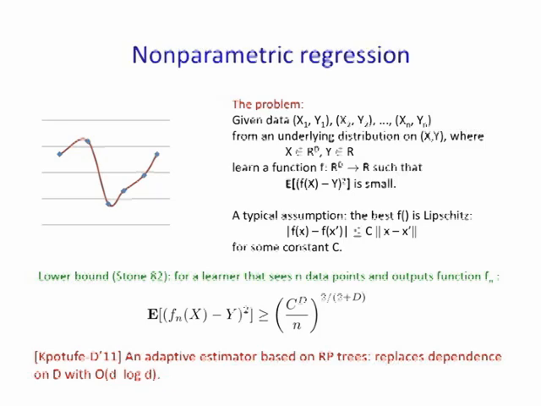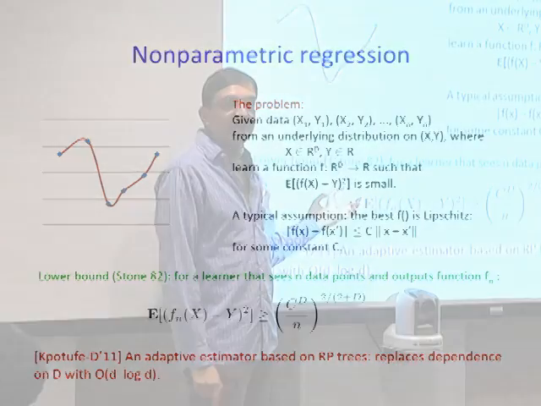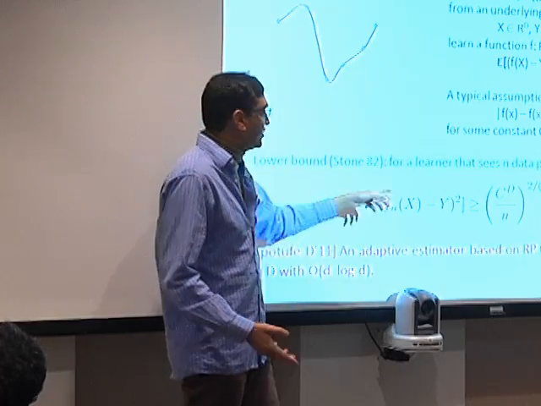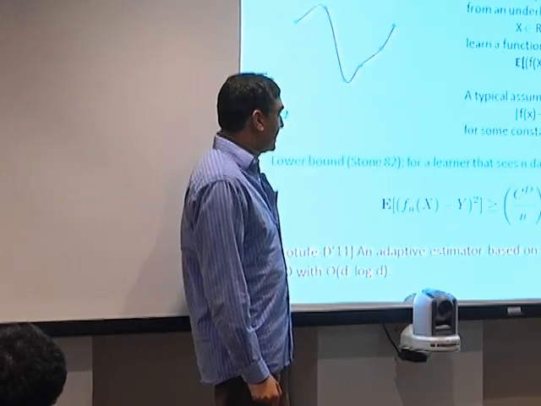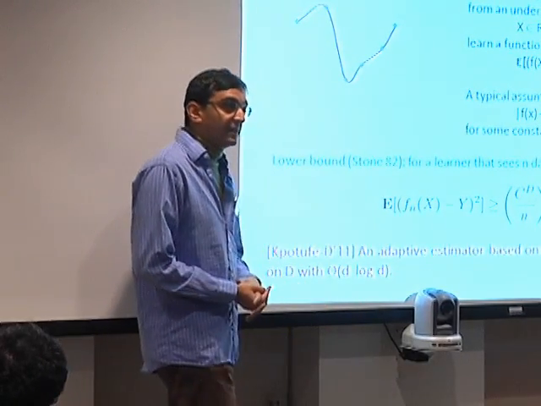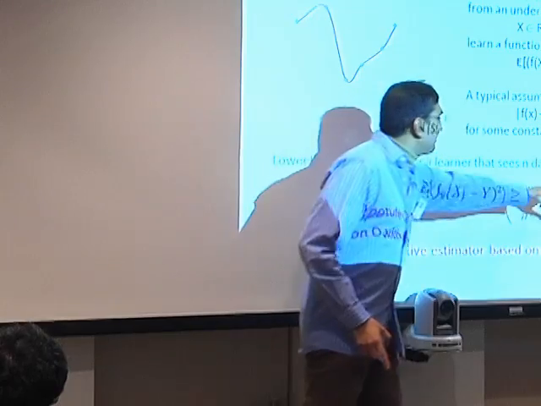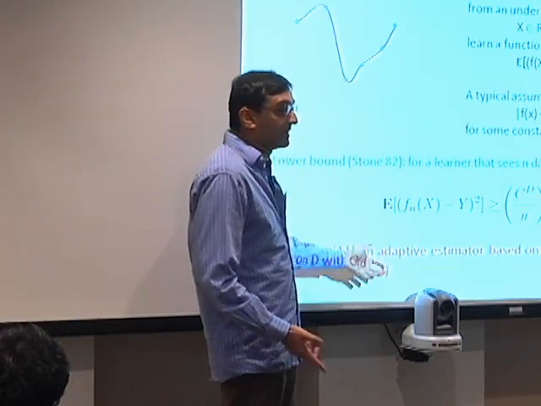Then we know from Stone that this is really the best rate you can hope for in general if the dimension is big D. And this is the curse of dimensionality over here. But for doubling dimension little d, you can basically now replace this big D with d log d.